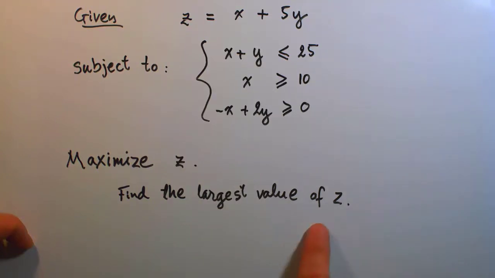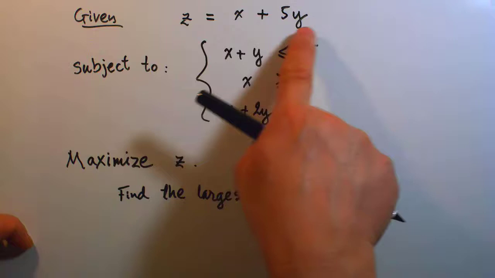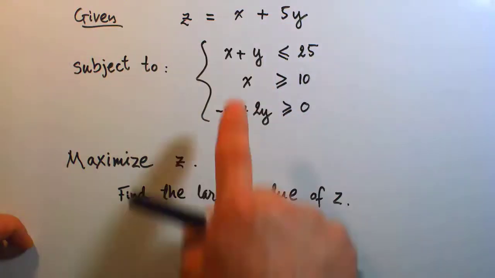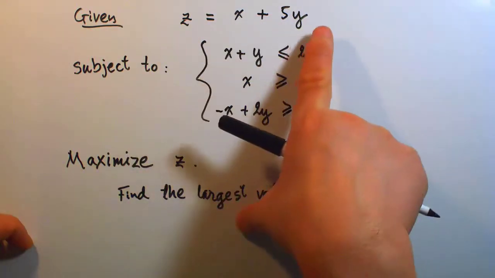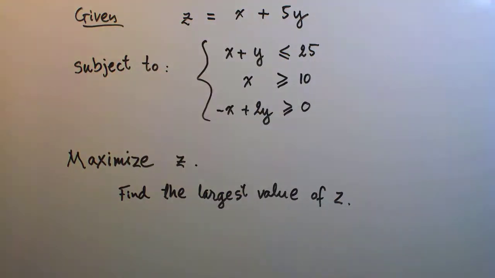The largest value of z, because you can see that z is a dependent variable now, and its value comes out depending on which pair of values for x and y we're giving it. And so in that way, what value of z can be the largest value of z?